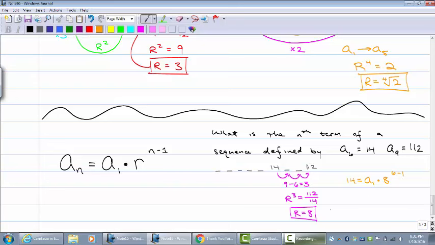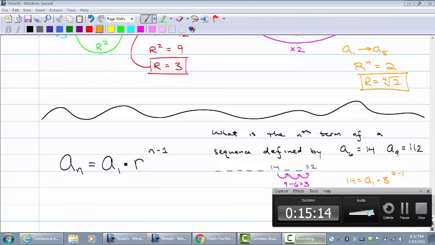This relationship, this formula, can take you directly to your a sub 1 value without actually having to worry about the calculations. Your calculator is a magnificent machine. Use it for that purpose.